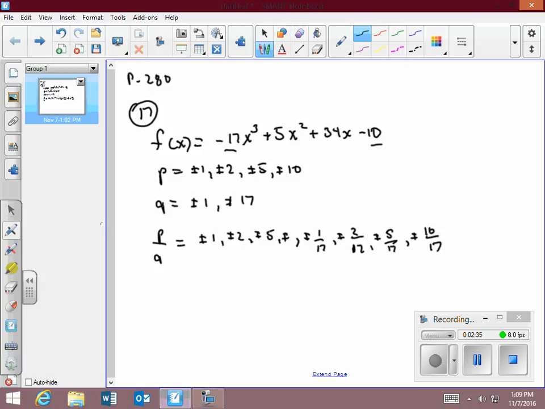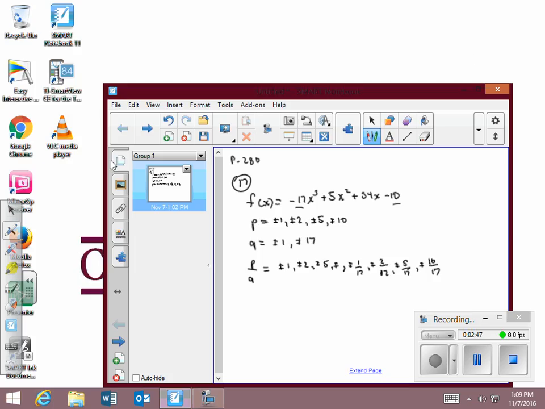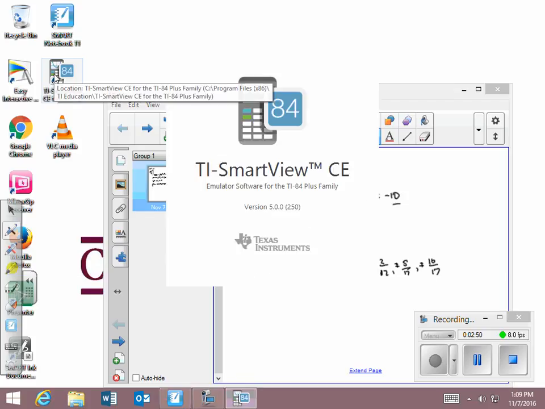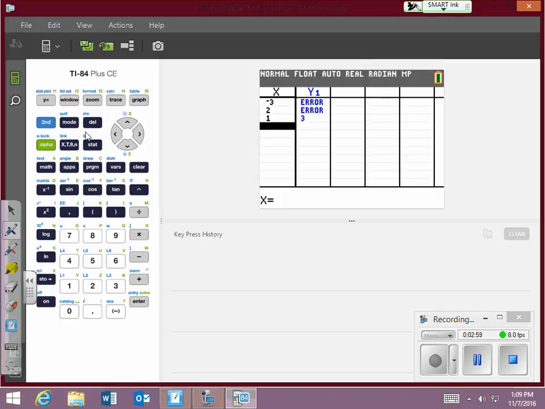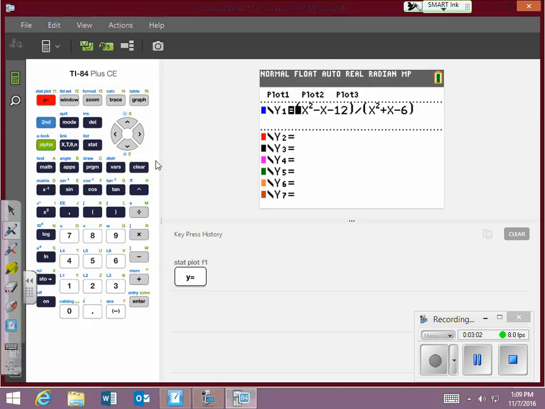Now, once you get it that far, then what I would suggest you do is graph it. Go take your calculator, and in your y equals, clear that thing out and graph that.